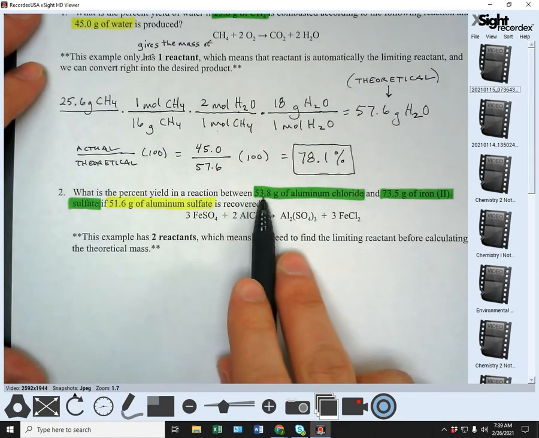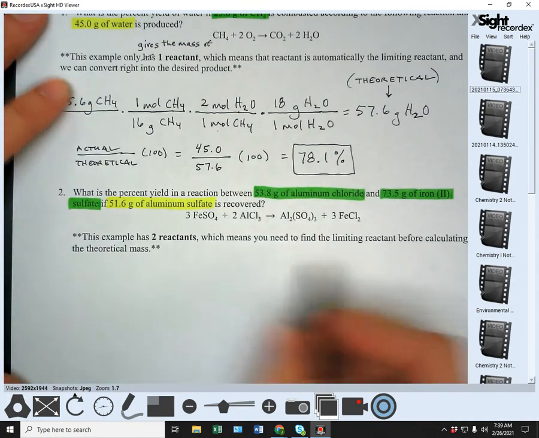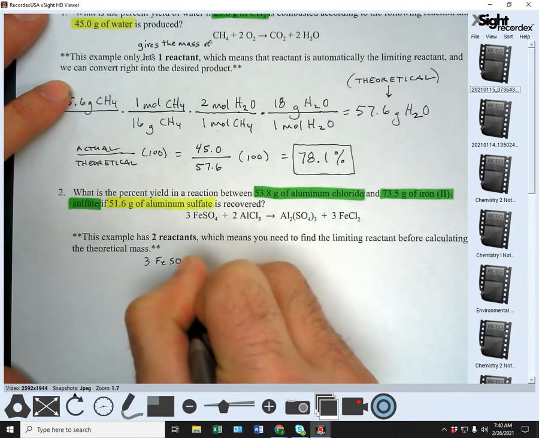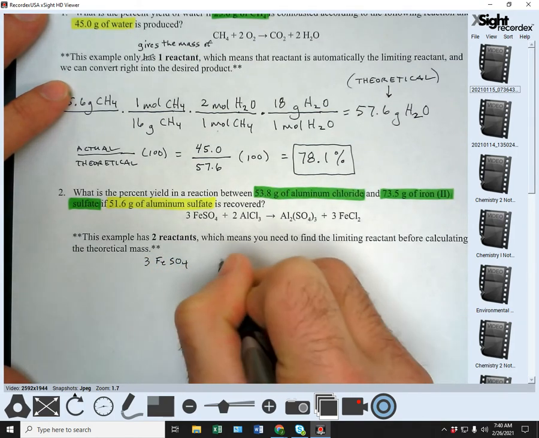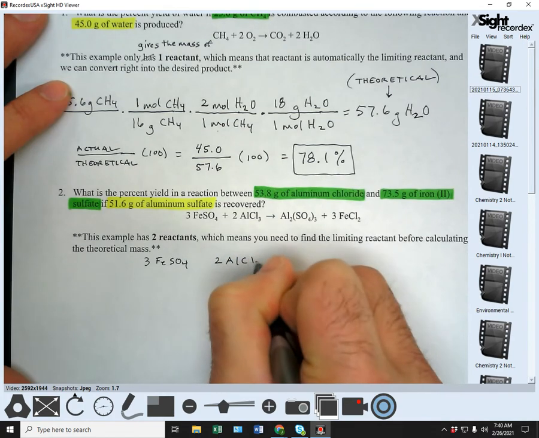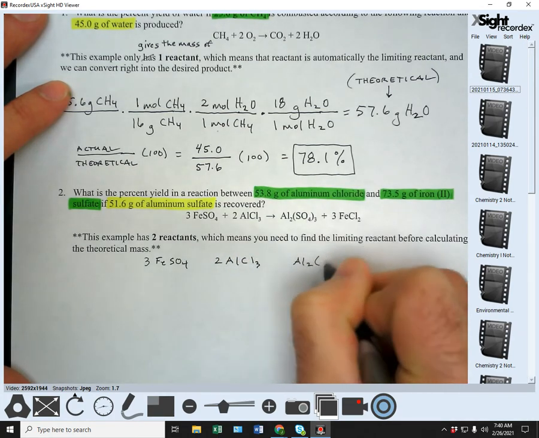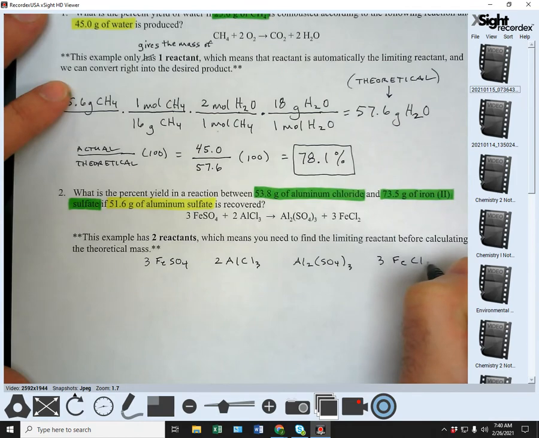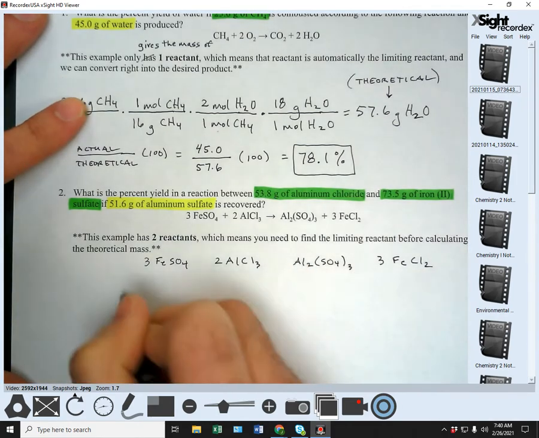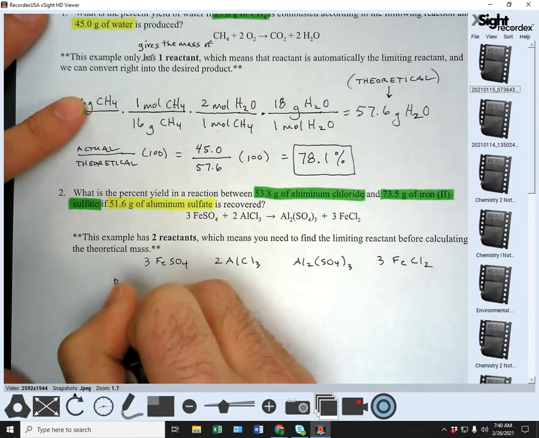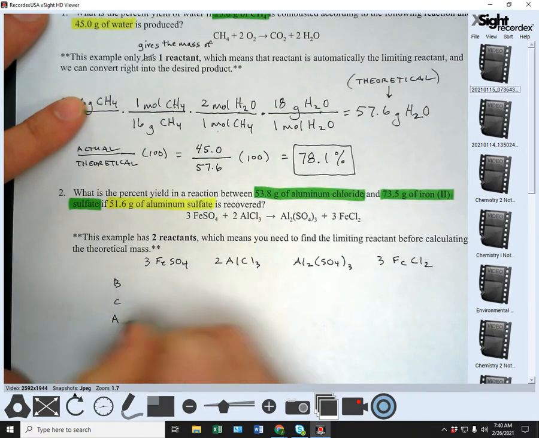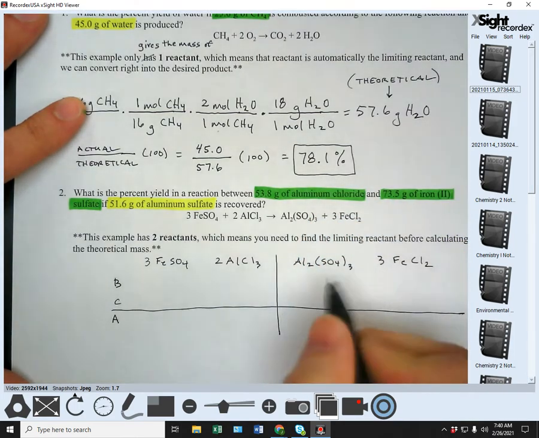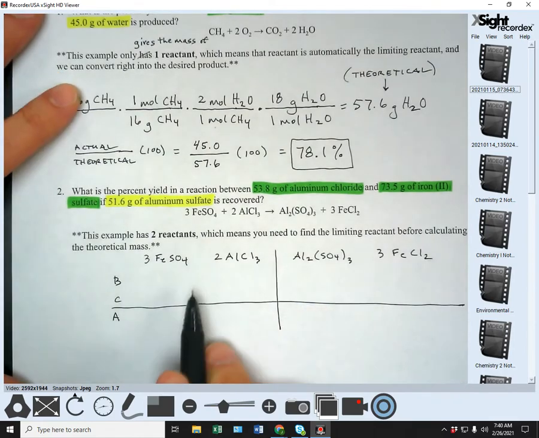The way we find the limiting reactant, remember, is we have to turn. So B, C, A. So remember, whole BCA charts in moles, right?